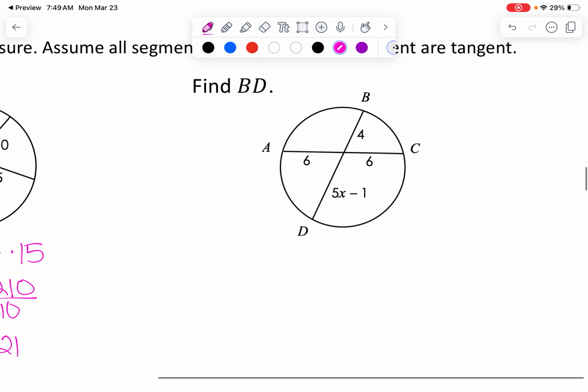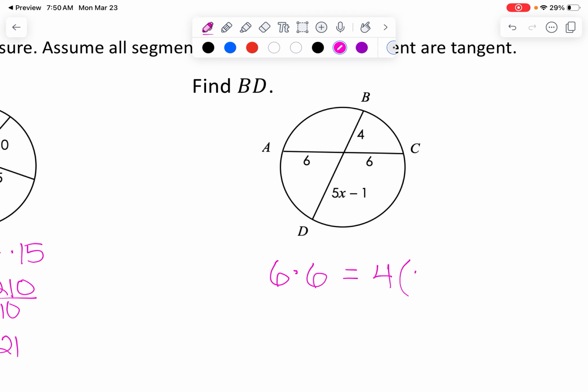Okay, let's try one other one here. I'll start with the AC. So we'll say 6 times the other piece, 6, is equal to 4 times the other piece, which is 5x minus 1.